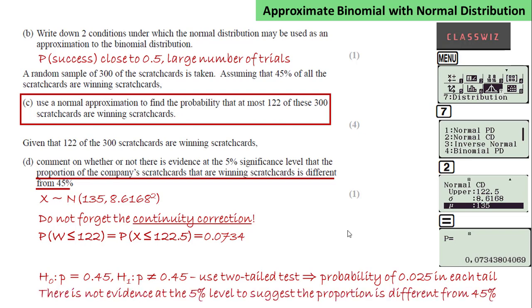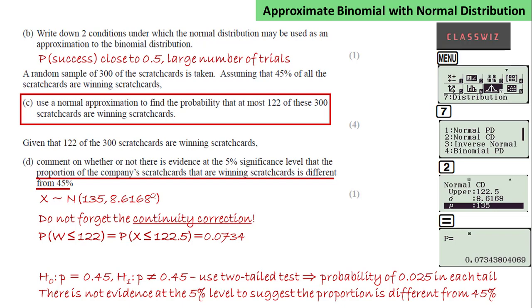So here our 122 is going to be outside of that tail because the probability of 0.0734 is greater than 0.025, and therefore in this instance there's not evidence at the 5% level to suggest that the proportion is any different from 45%.